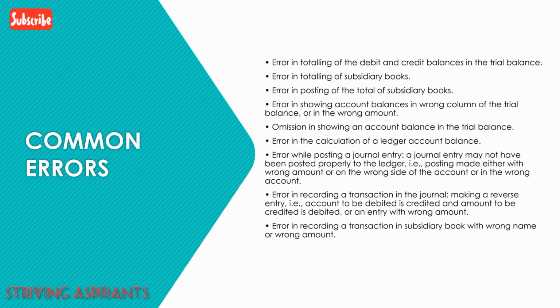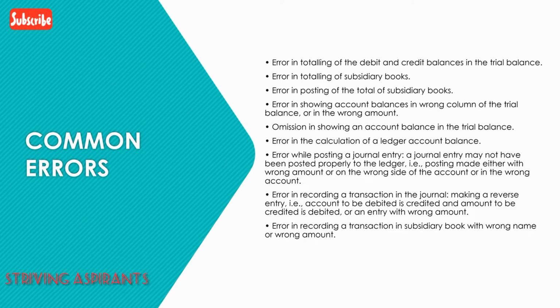Error in showing account balances in the wrong column of the trial balance or in the wrong amount. Omission in showing an account balance in the trial balance. Error in the calculation of a ledger account balance. Error while posting a journal entry. A journal entry may not have been posted properly to the ledger.